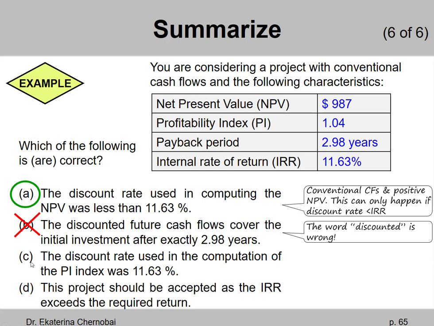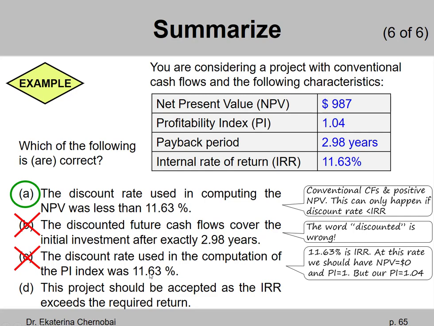Let's look at the statement C. The discount rate used in the computation of the profitability index was 11.63%. This is wrong. 11.63% is the IRR. It means that at this rate we break even. The NPV is 0.